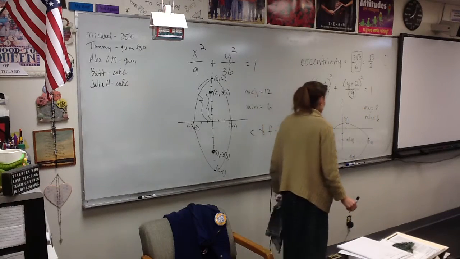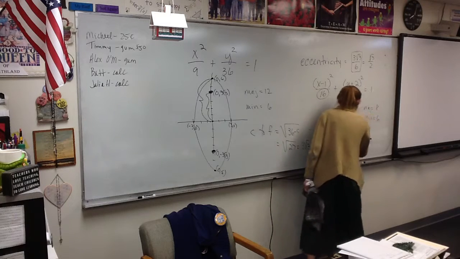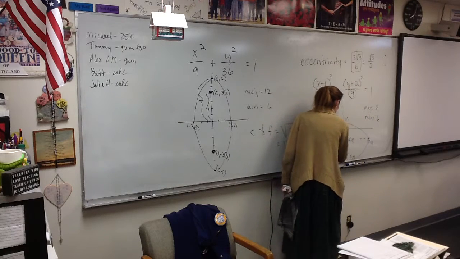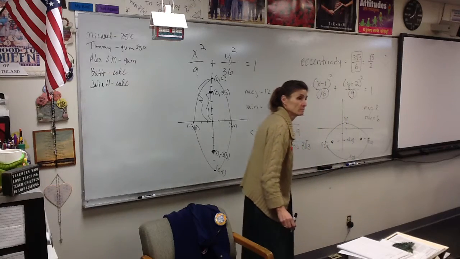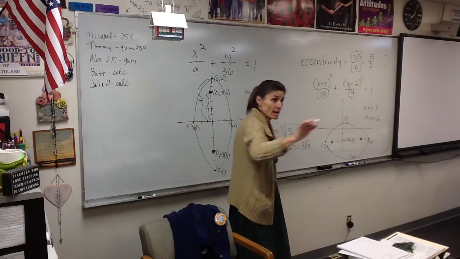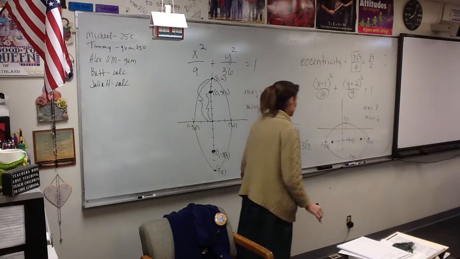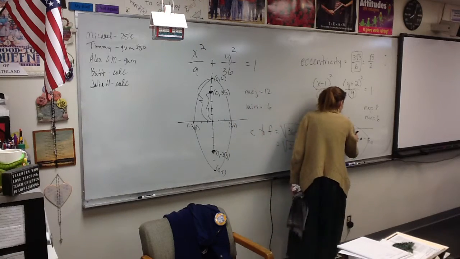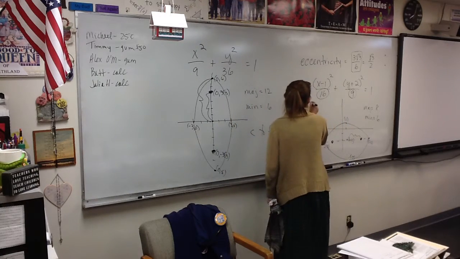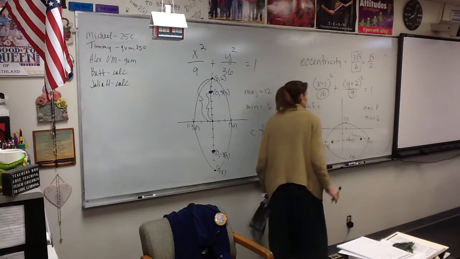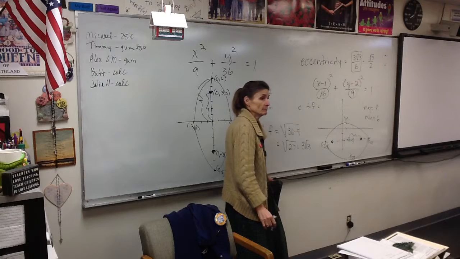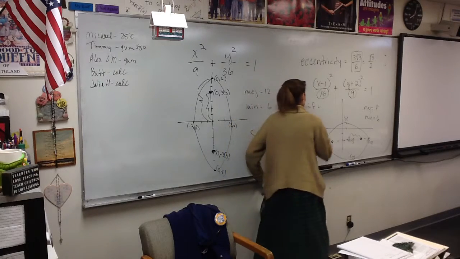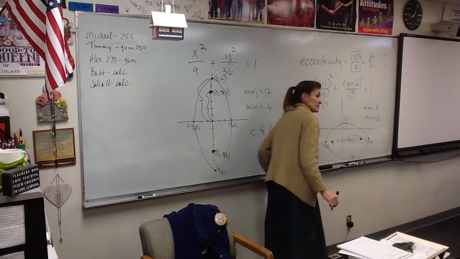Where are my foci? On the horizontal. Well, they're going to be here someplace, right? Always on the major axis. We need to know this distance right here, center to focus. Tell me how far it is from the center to the focus. Square root of 7. 16 minus 9?